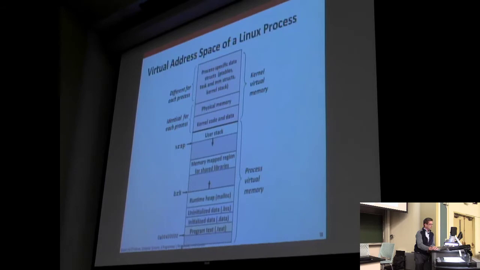This region corresponds to the amount of DRAM on the chip, and it's a mechanism that the kernel uses to get access to physical addresses. This is important because, remember, you can't turn off address translation. It's always happening, so even when the kernel runs, the kernel's generating virtual addresses.